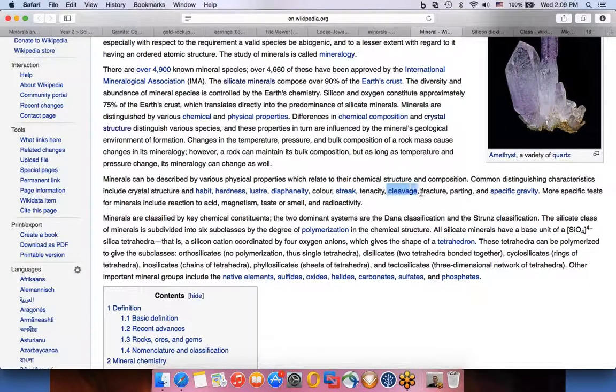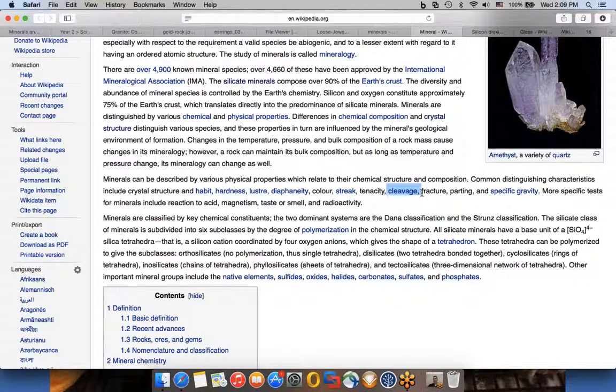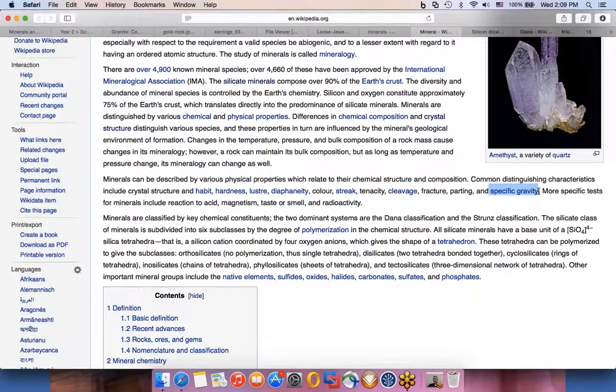Tenacity and cleavage. Cleavage is how they break, whether they break in a specific shape or not. And that also includes fracture and parting, and then the specific gravity, how heavy that mineral is.